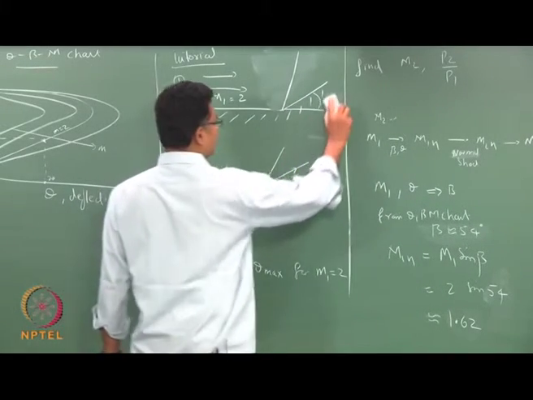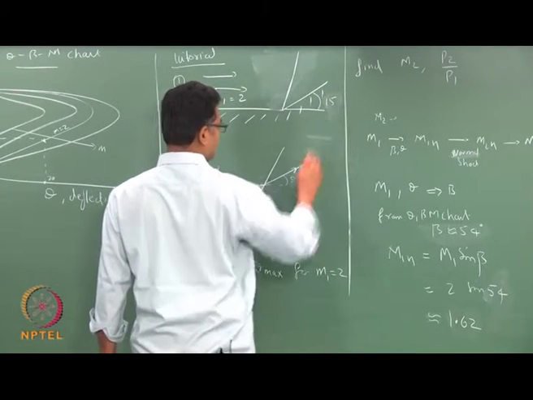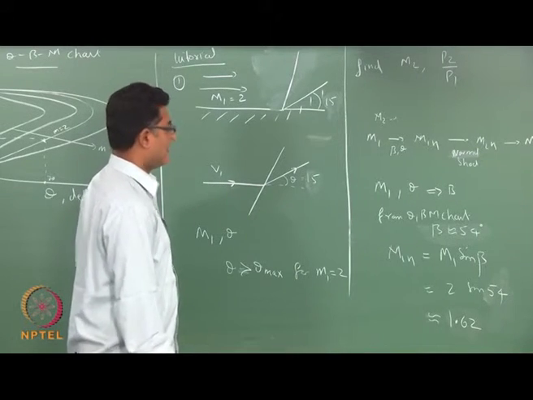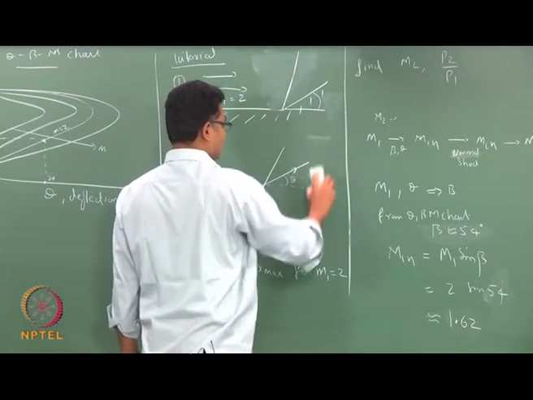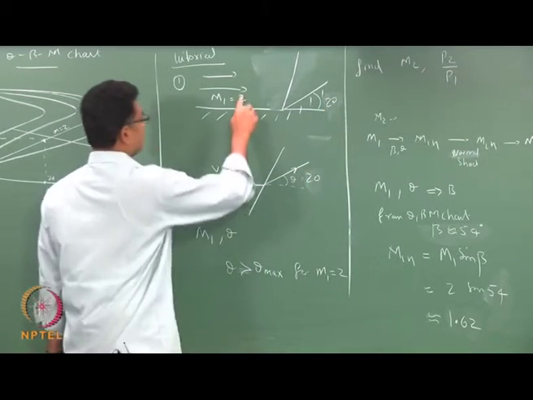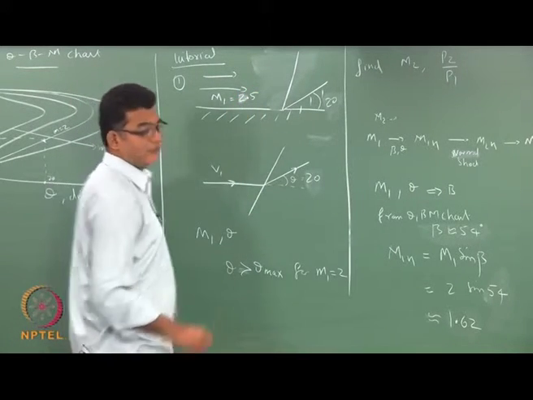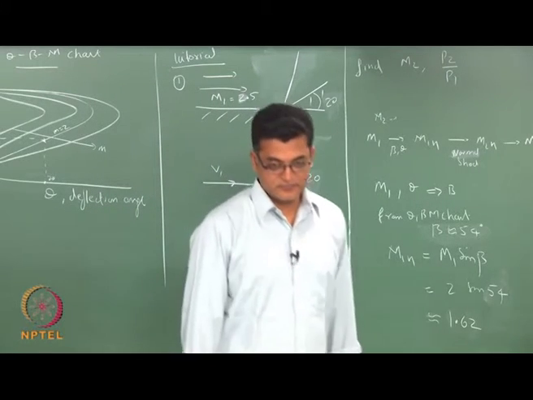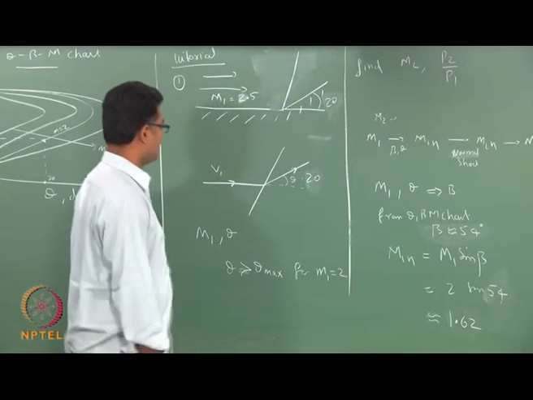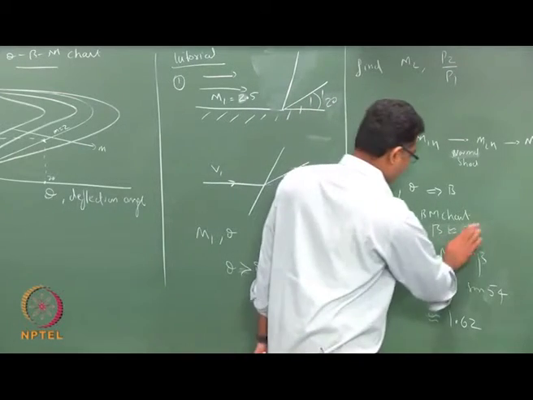So, consider the previous theta, now we will consider the value to be 20 degrees and Mach number is increased from 2 to 2.5. So, your angle is going to be now different.